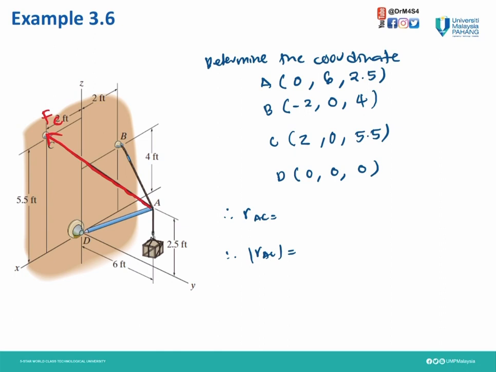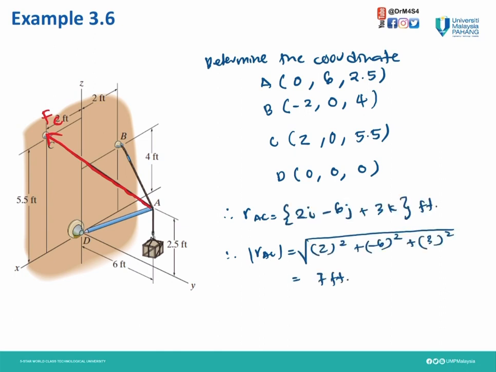And we go for FC. For RAC, point C minus point A. Once again, 2 minus 0, so 2i. Then 0 minus 6, negative 6j. Then 5.5 minus 2.5, so 3k. Then we can get our magnitude for RAC, 7 feet.